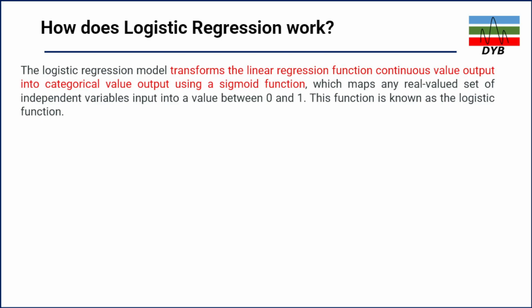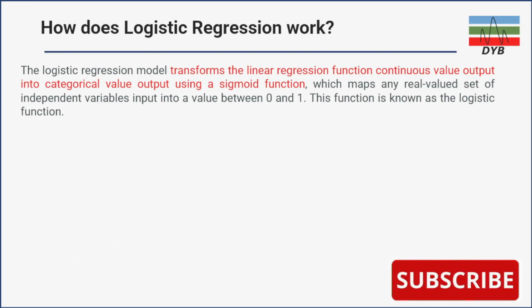The special task of logistic regression is to convert the linear regression into categorical values such as yes or no. Based on that, it will map any real value of the set of independent variables into a value between 0 and 1. In the sigmoid function, it normally goes from 0 to 1, and this function is known as the logistic function.